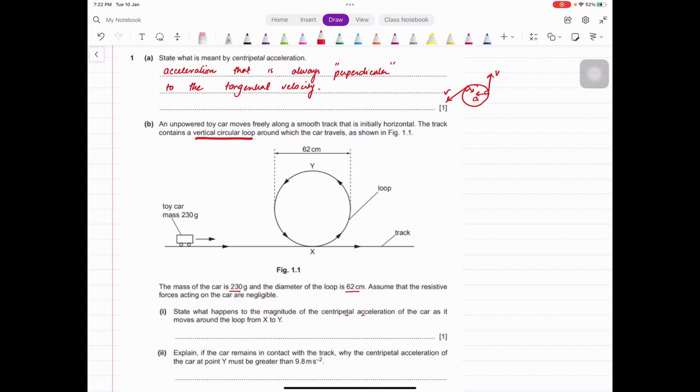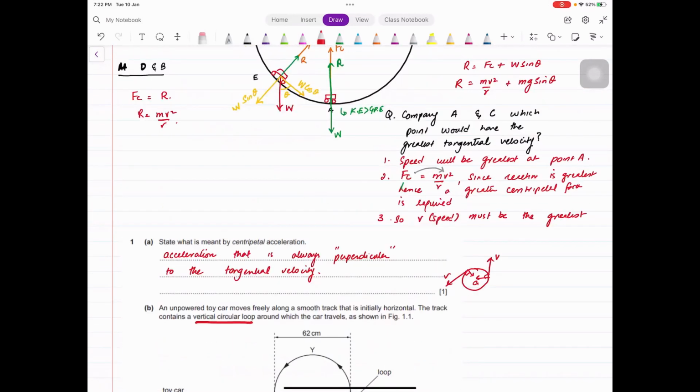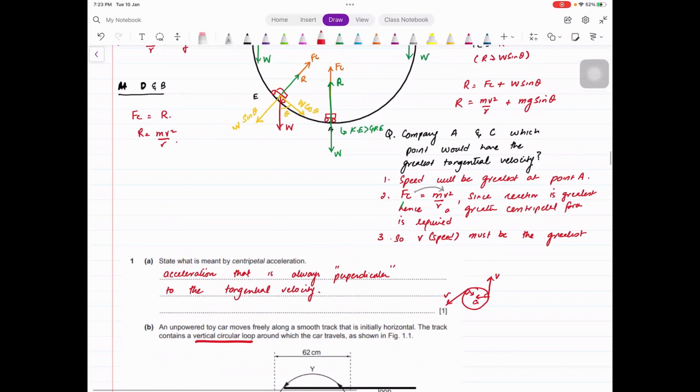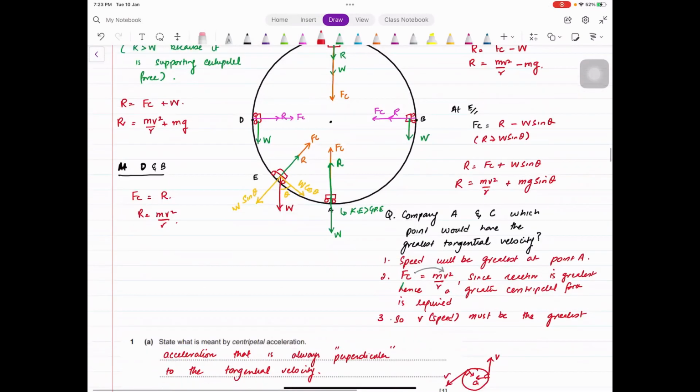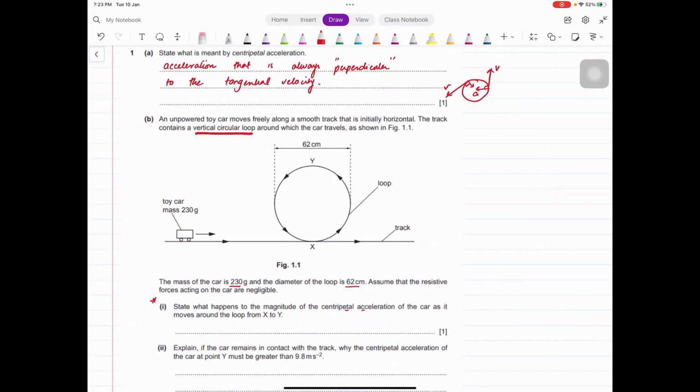This question has the same answer as the previous one, because the speed at C is going to be the lowest. If the speed is lowest, then the centripetal force is going to be less, and if the resultant force becomes less, the acceleration will also reduce.